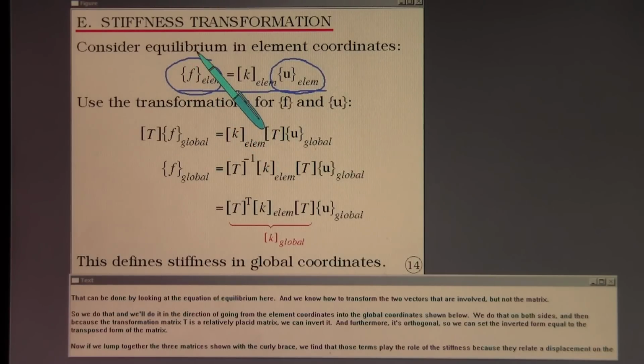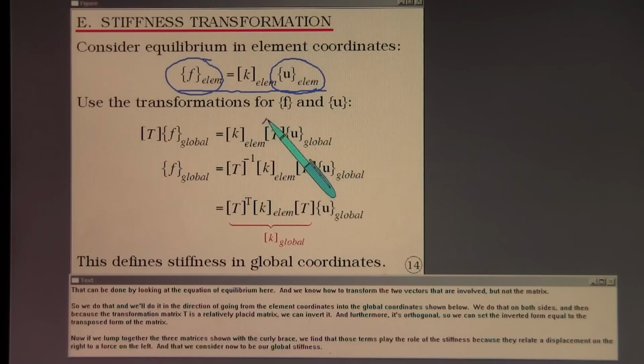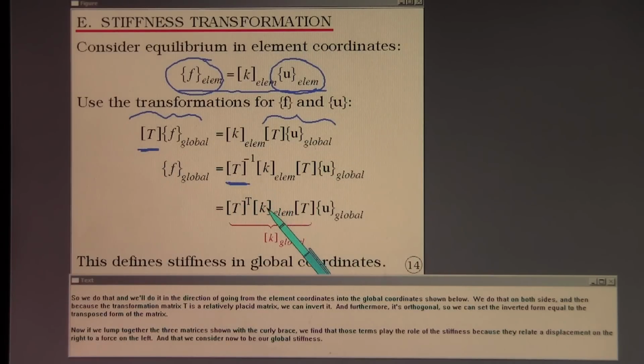So we do that, and we'll do it in the direction of going from the element coordinates into the global coordinates shown below. We do that on both sides, and then because the transformation matrix T is a relatively placid matrix, we can invert it, and furthermore it's orthogonal, so we can set the inverted form equal to the transposed form of the matrix.